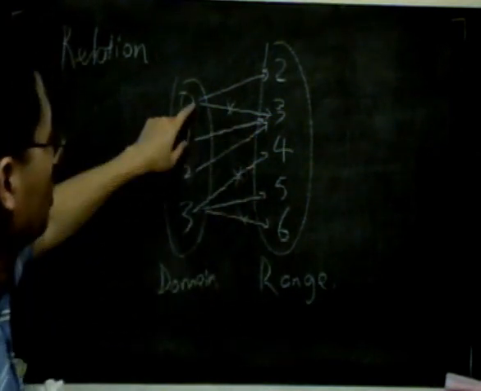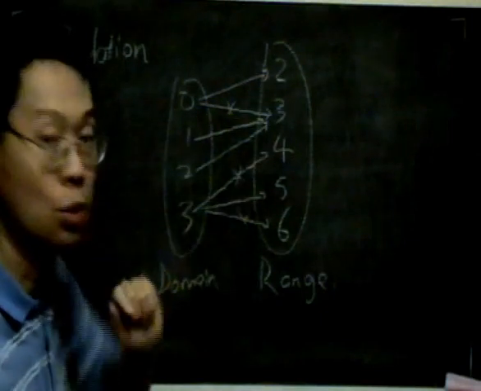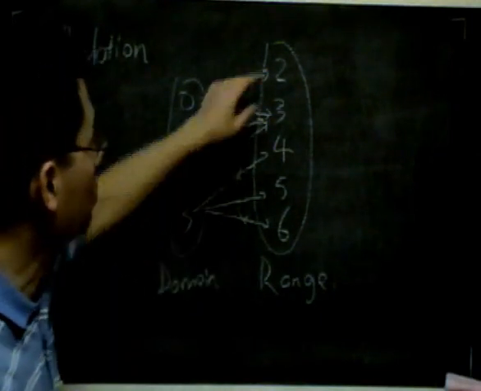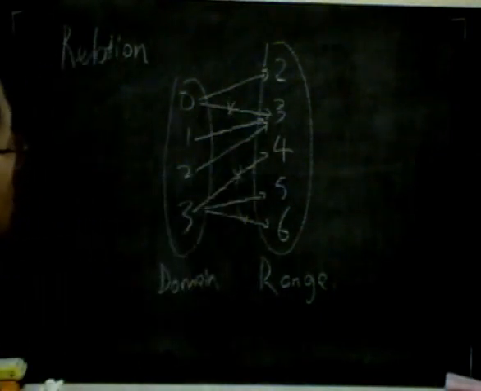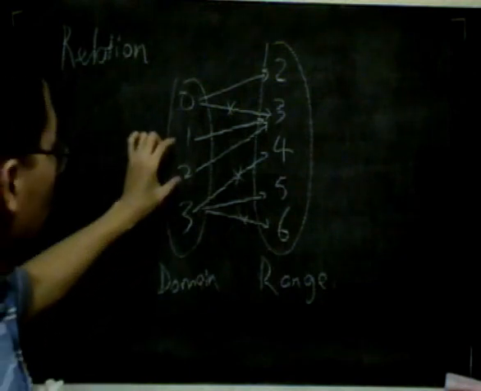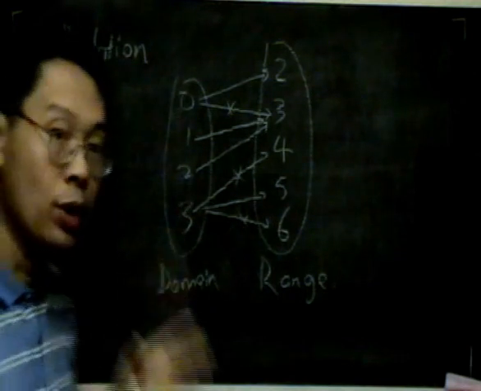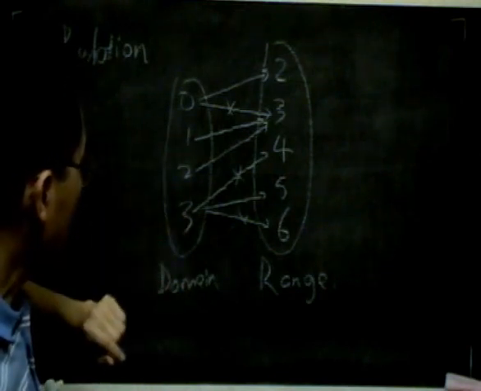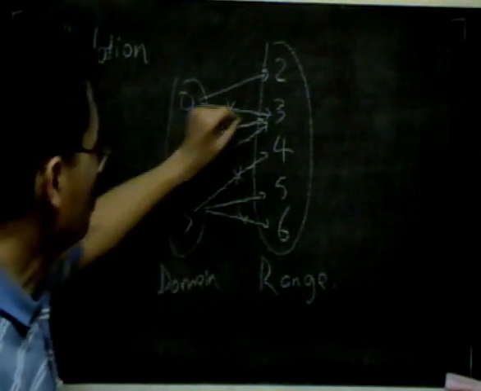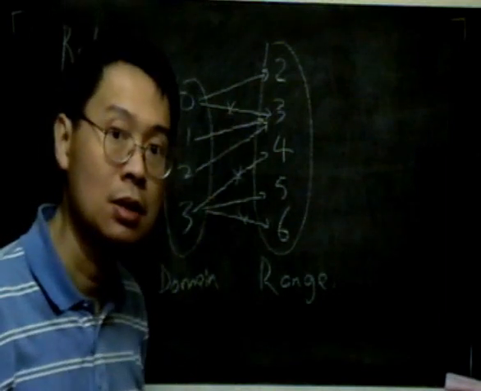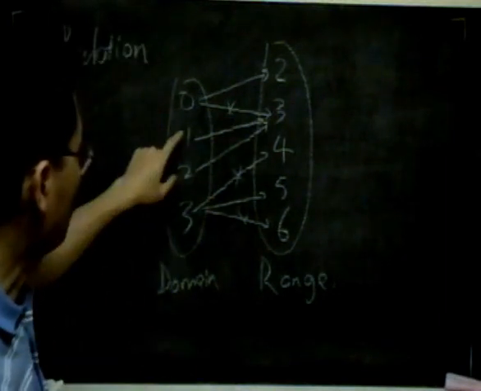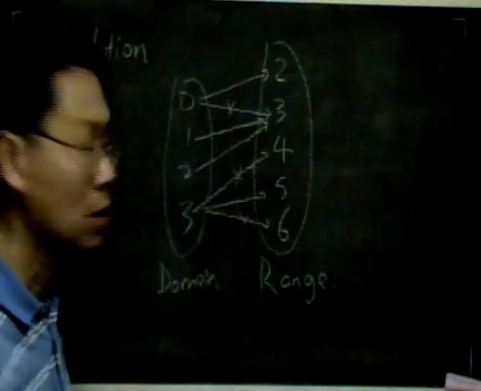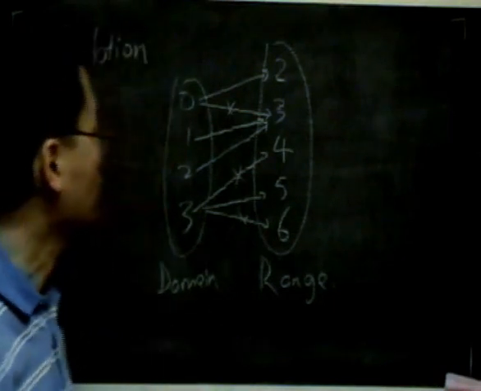So 0 can only be related to, say, 2 and not both 2 and 3. Okay? But it is okay for more than one number in the domain to be related to the same number in the range. So if both 1 and 2 are related to 3, that's fine.